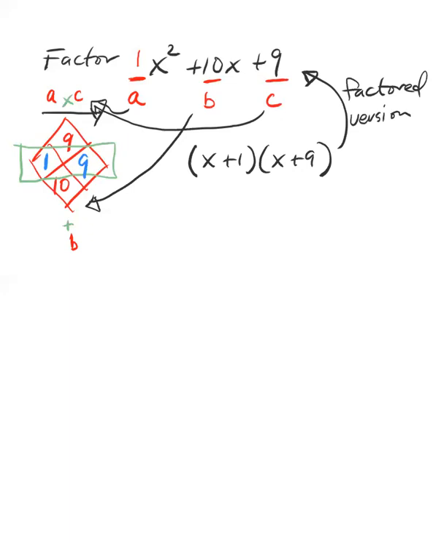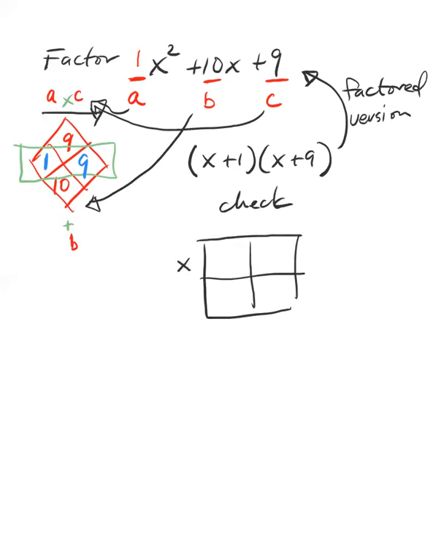So to check, we can do this. I'm going to multiply this back out. X, I'll put the 9 over here this time, put the 1 here. X times x gets us x squared. X times 9 gets us 9x. X times 1 gets us x.